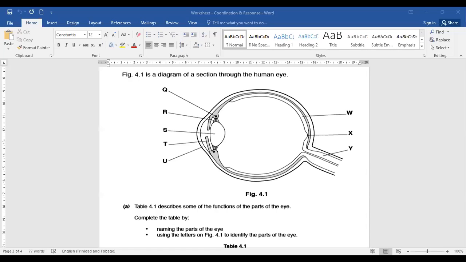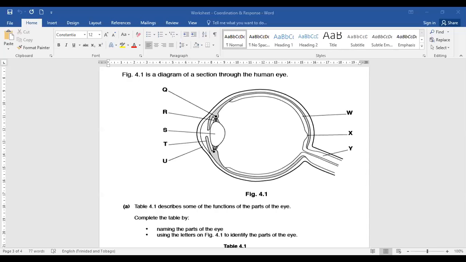But what is it that focuses the light there? No, not W. Yeah, it will be the lens. So what is the lens? Very good. Yeah, it will be S, right? So the lens, structure S, is what will focus the light onto that part X there, which is really the fovea. Okay, so very good.